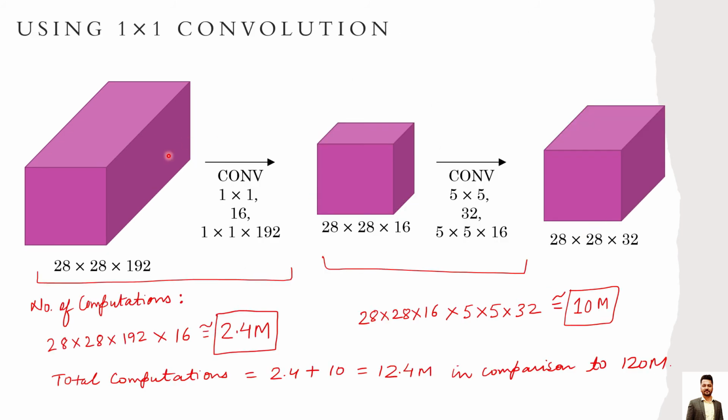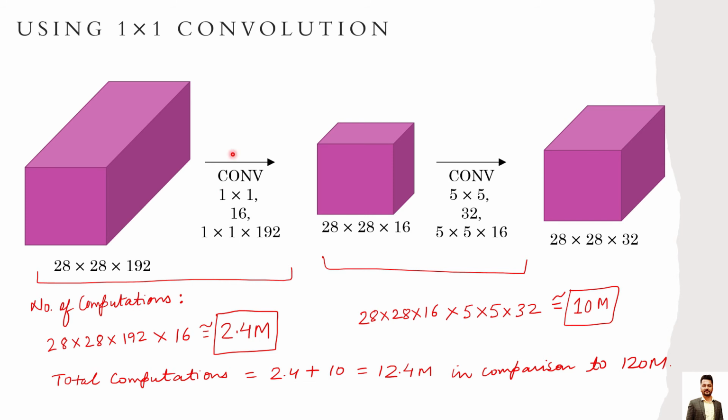Now let's do the same thing with 1 cross 1 convolution. The final size is this only, 28 cross 28 cross 32, and the initial size was this only, 192 depth. But if we use 1 cross 1 convolution with 16 filters, the computation will be 28 cross 28 cross 192 into 16. Why? Because 1 into 1 into 16 is 16 only.